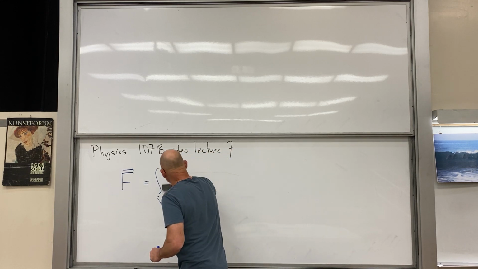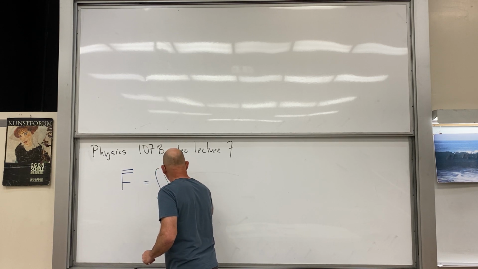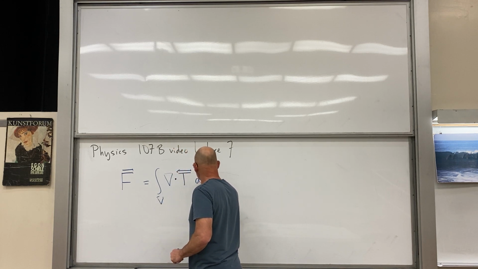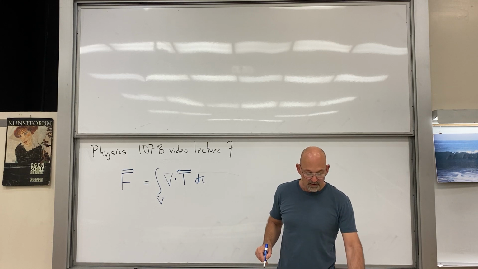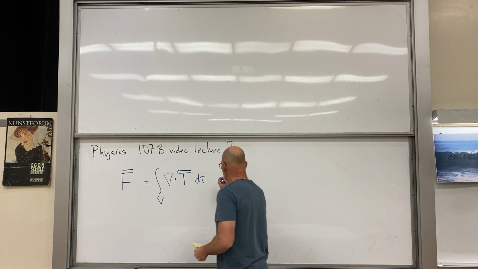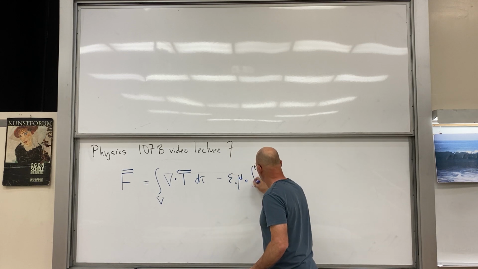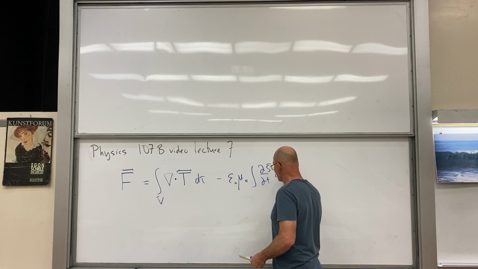Got to write the divergence here, divergence, d volume. And then we also have the Poynting vector. So let's go ahead and put this in this form: epsilon naught mu naught, d S dt, also d volume.